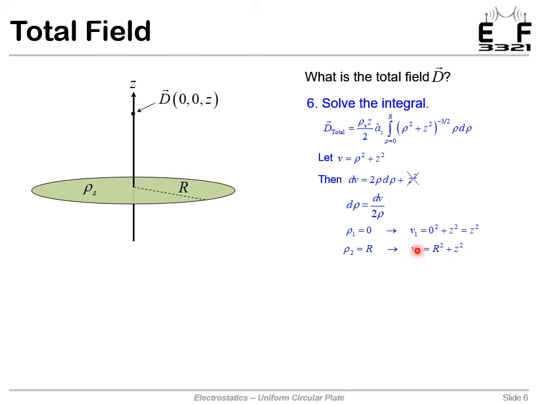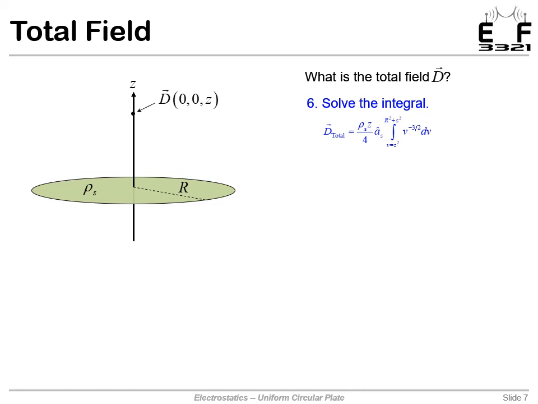That's our value of v2. So we integrate from z squared to R squared plus z squared, and we've put in our expression for d rho, and we've replaced rho squared plus z squared with v. Another thing happens: the rho that was left over here cancels with this rho, and our rhos are completely gone from the integration. Now this is something we can integrate much more easily.